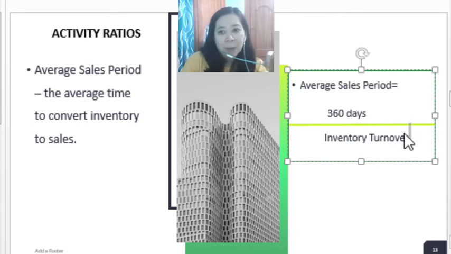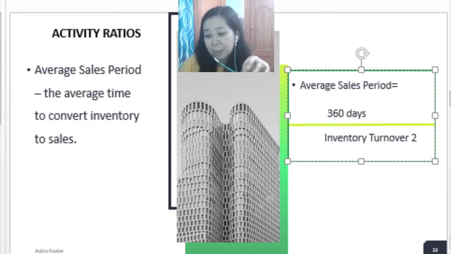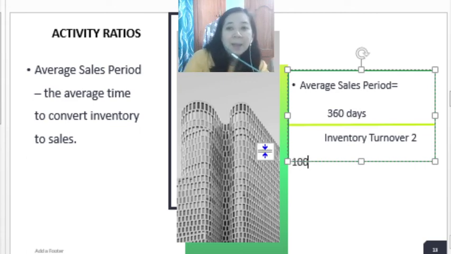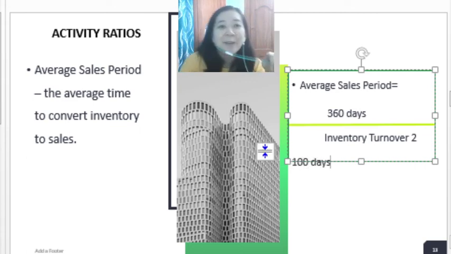For example, if our inventory turnover is 2, the company will wait 180 days, or every 6 months, before they can sell their inventory.